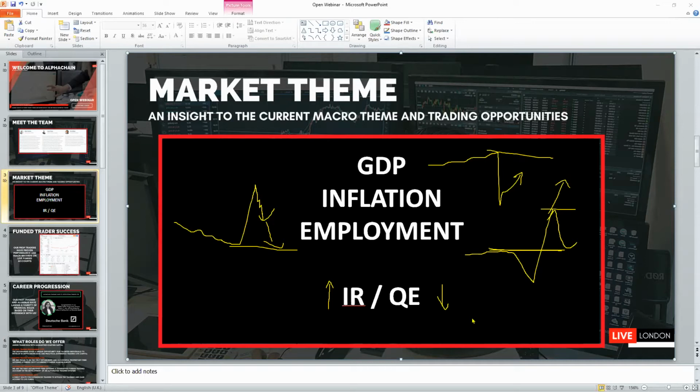So what they started to do is buy the assets themselves. They'll print more money, and eventually they'll also begin to buy assets to help prop up the market. So that is what QE is.